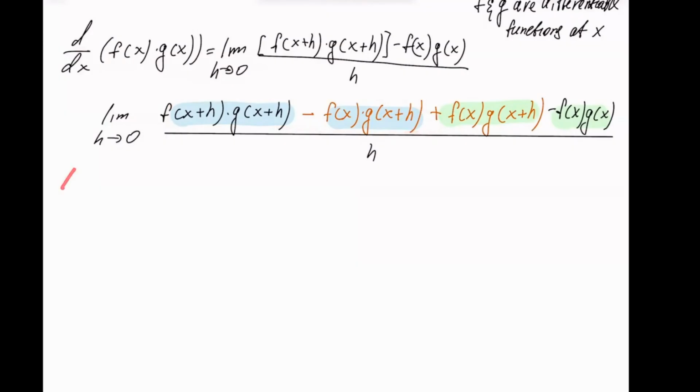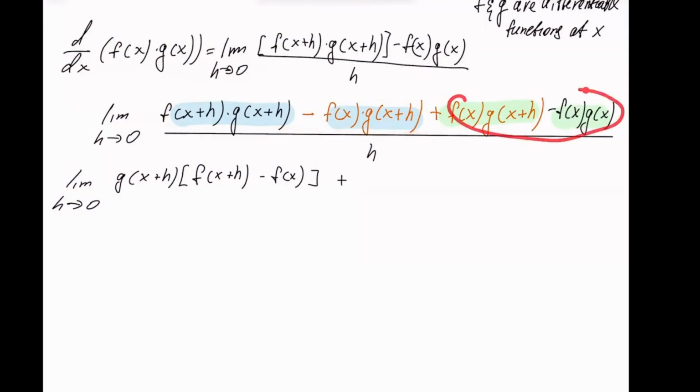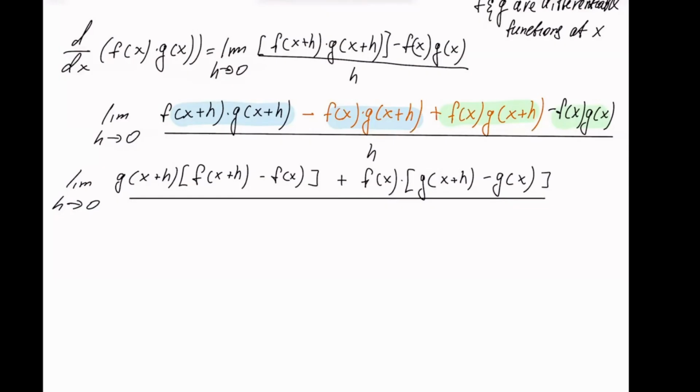So I will have limit as h approaches 0 of g of x plus h times f of x plus h minus f of x, and then plus, and in the second group, I will factor out the common f of x times g of x plus h minus g of x. That is all divided by h.